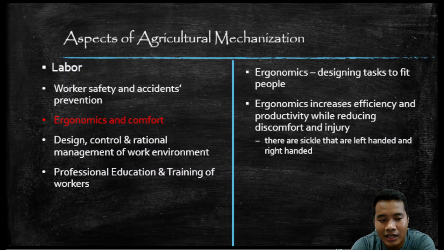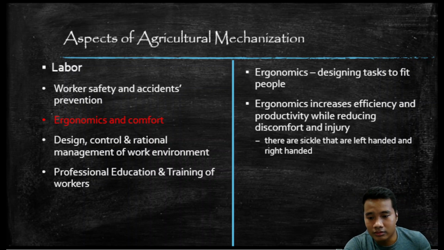I also tried going to harvests using a sickle, and what happened is I was always getting wounded. And that is one of the best examples of ergonomics. Because the sickle I was using was right-handed, but I am left-handed, so I was always getting wounded.